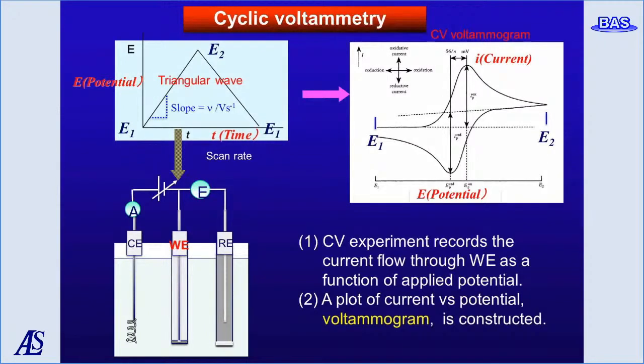The CV experiment records the current flowing through the working electrode as a function of the applied potential in the circuit. A plot of the current versus potential is constructed, which is called a cyclic voltammogram. The shape of the voltammogram provides insight into the electron transfer reaction mechanism occurring at the electrode surface.